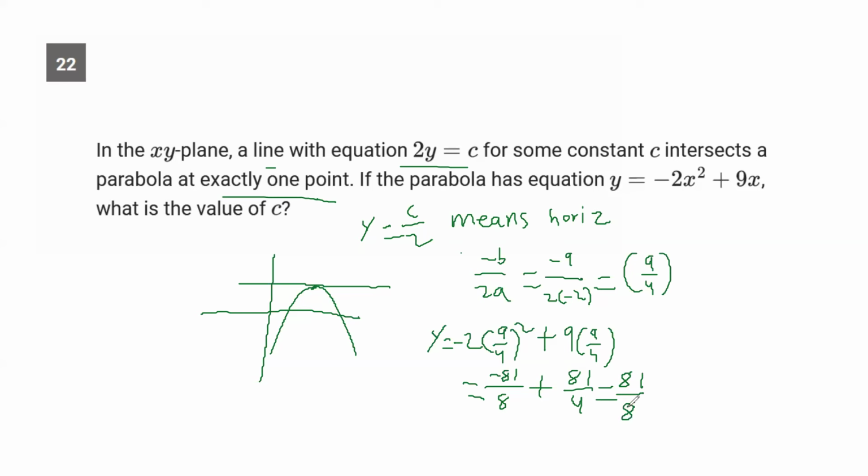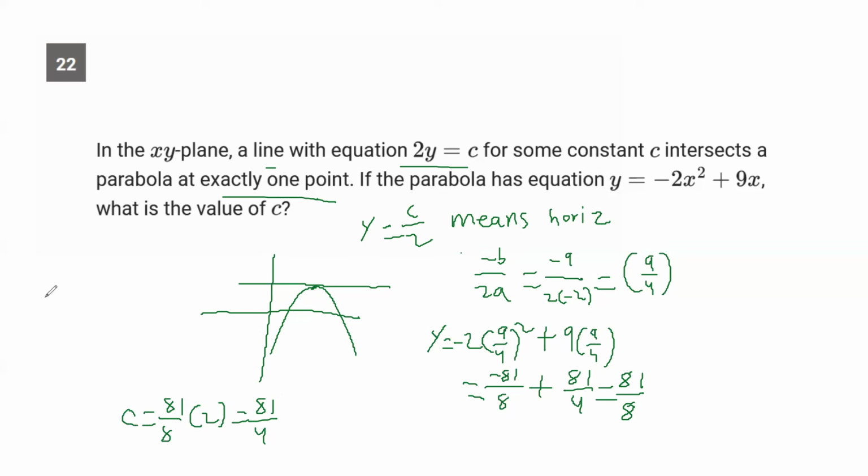And then that is equal to the y value. And then if y equals half of c, right? c equals 2y. Then we do c equals 81 over 8 times 2 equals 81 over 4. Okay.